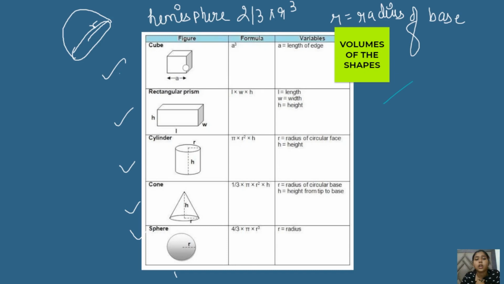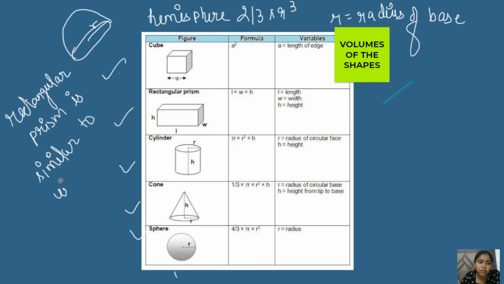Now rectangular prism, let me tell you what a rectangular prism stands for. Rectangular prism is not similar, it is the same, it is just a different name for cuboid, right? You just have to know what a rectangular prism is. Why? Because in case your examiner uses rectangular prism instead of cuboid in the examination, then you won't be able to recognize it.